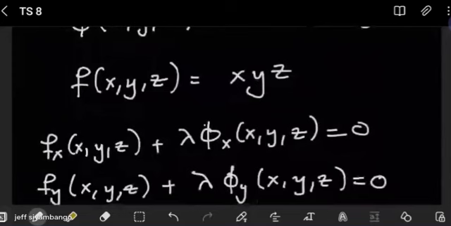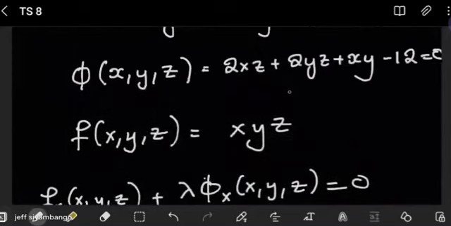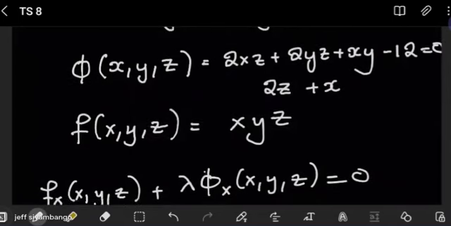With respect to x, this is a 0. To y, the first part is a 0. So we're going to have just 2z here. And then to y, this is just going to be plus x. So 2z plus x.